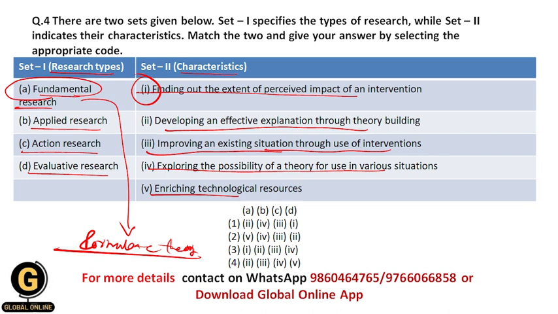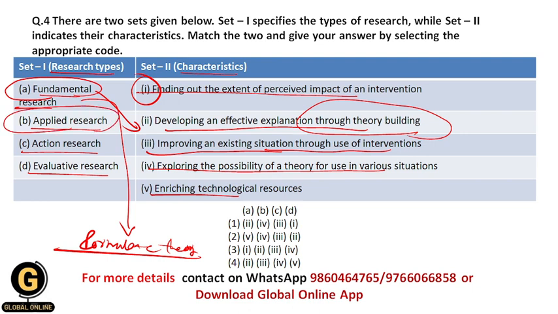Okay, and that's why fundamental research basically goes for the second option, developing an effective explanation through theory building, because here there is only one option in which we are building a theory. It means that we are formulating a theory, and that's why fundamental research goes for the second option.